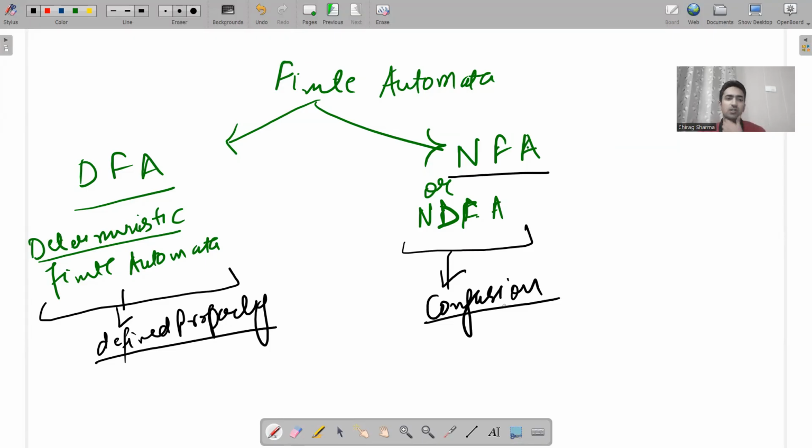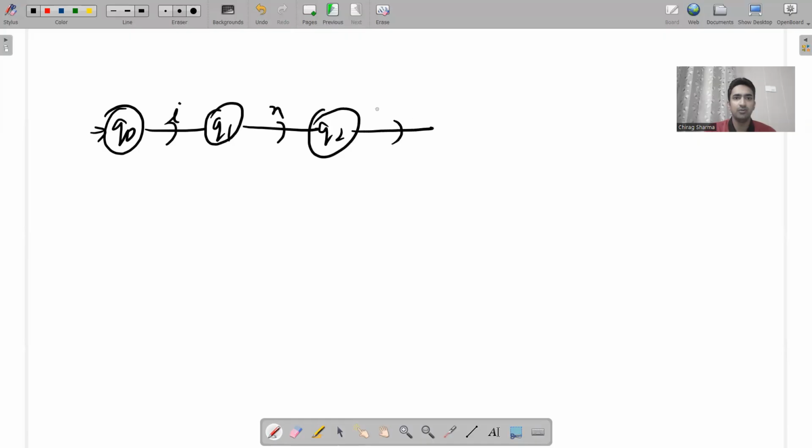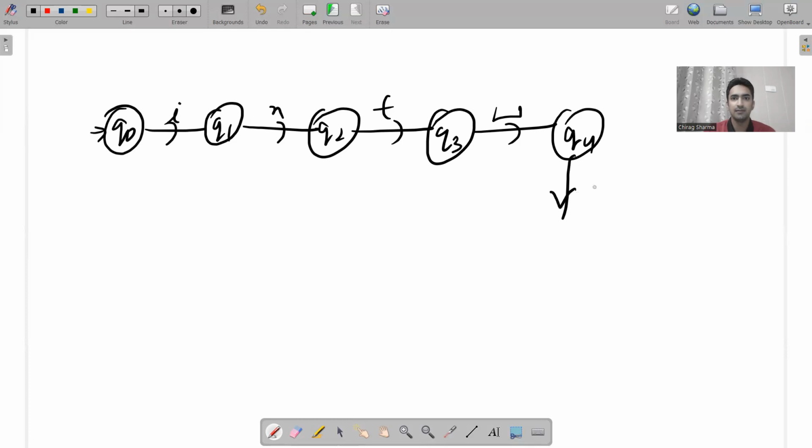I was using the words states and input symbols. So what are these? For example, you have created that integer model. You have written q1 and n, then q2, then t, then q3, then space, then q4, then a, then q5 and semicolon, q6.